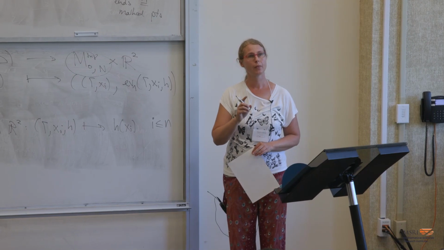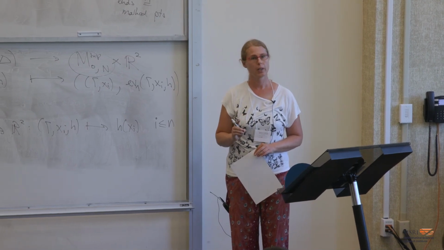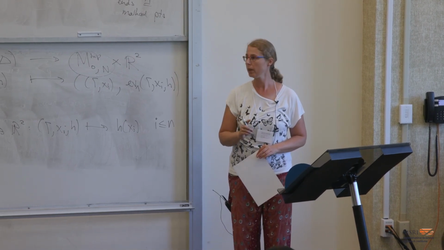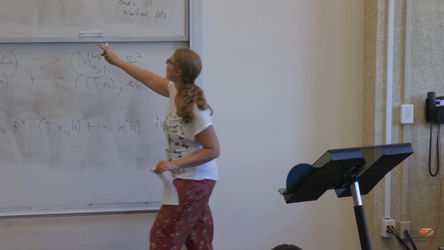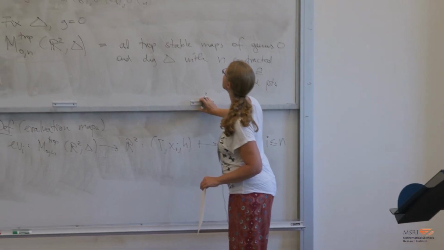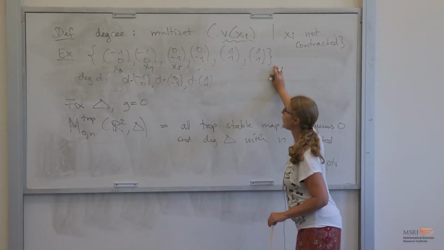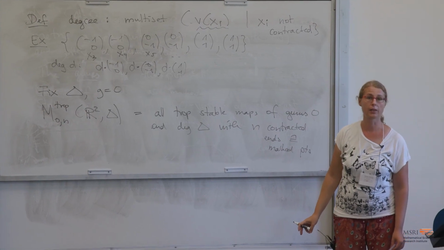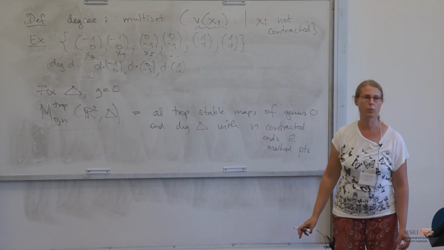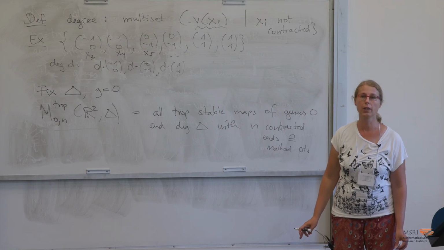Yes. As long as we're working in P2, I totally agree. Can you repeat the question? Yes, good, it's actually a very good question. The question is, why do I have such a funny thing like this multiset as a degree? Because usually in the algebraic world, we're used to thinking of a degree as a number.